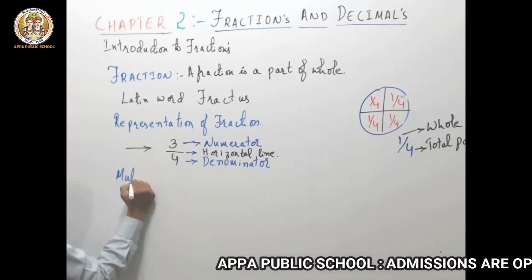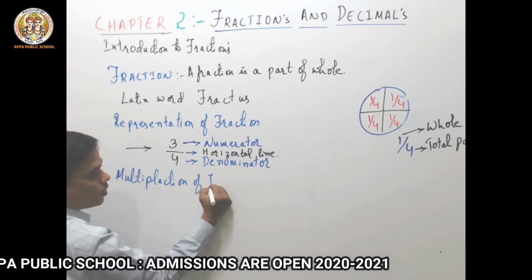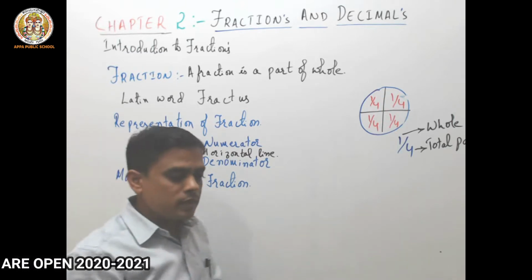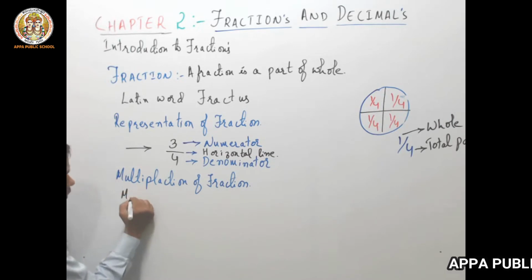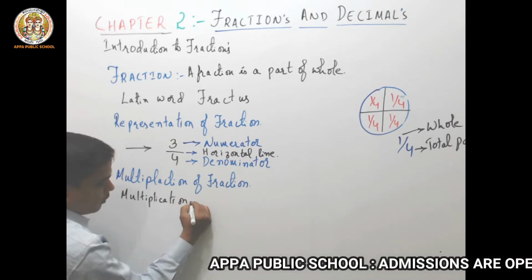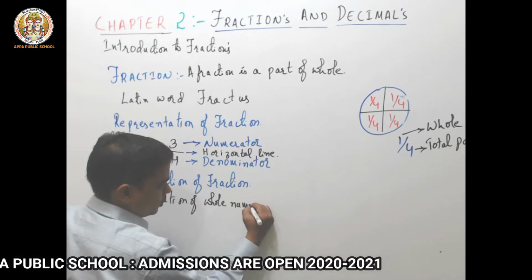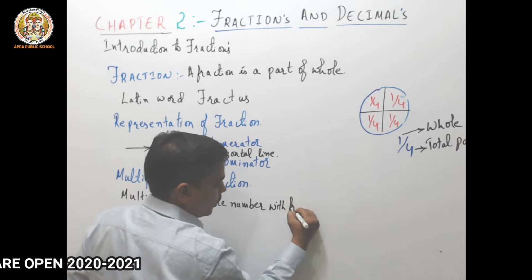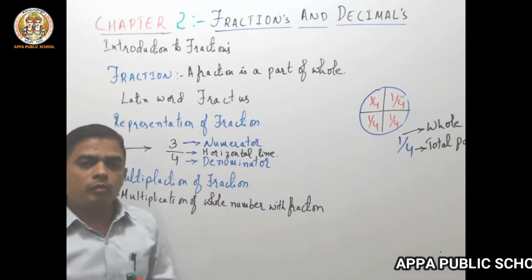Under multiplication of fractions, the first one is multiplication of a whole number, or an integer also, with a fraction.